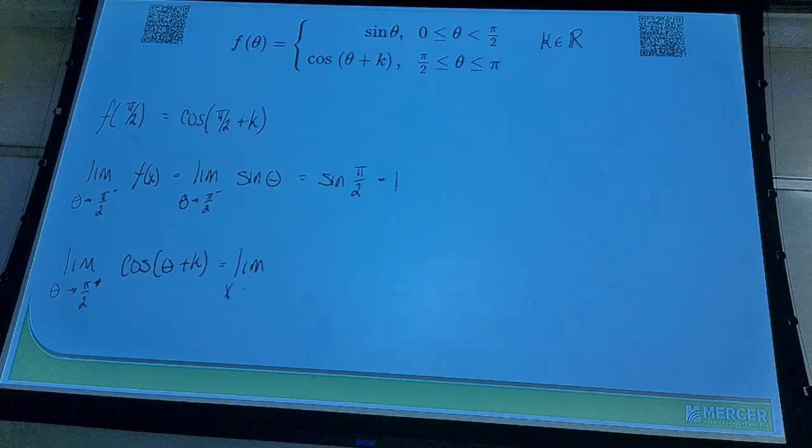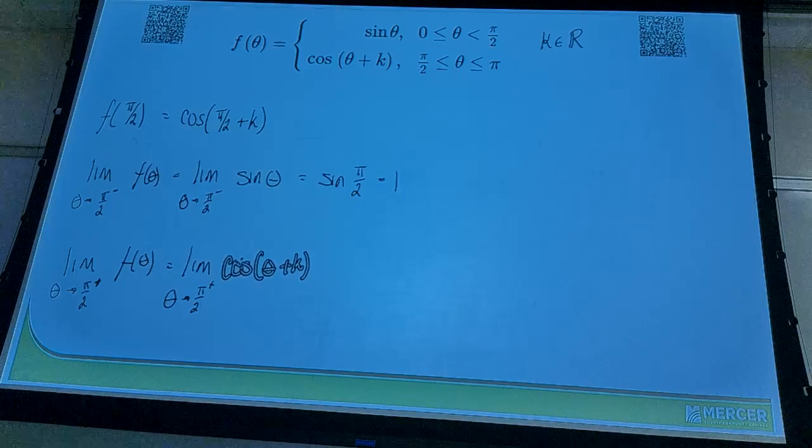The limit of theta plus k as theta approaches pi over 2 from the right is what?